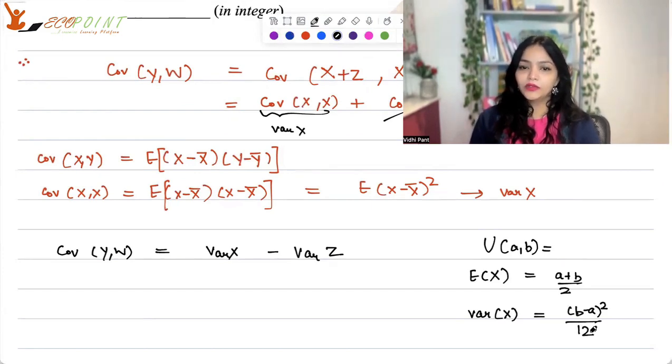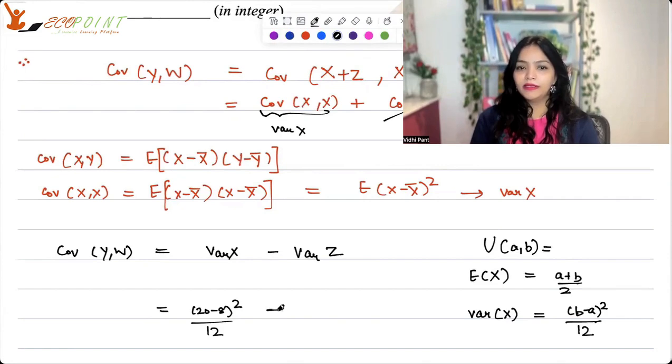Okay, we need to make use of variance. So here, for X, the interval is 8 and 20. So it will be (20 minus 8) square upon 12 minus, for Z, it's 0, 6. So (6 minus 0) whole square upon 12.